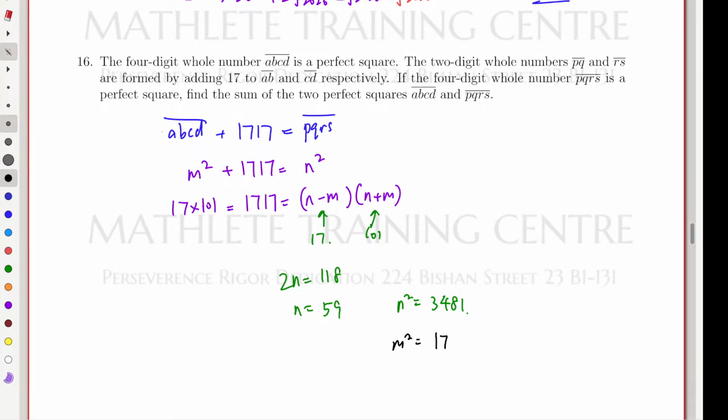So that's going to be 1764. This is 42 squared, so this is correct. So therefore, once you have these two values here, their sum will be equals to 5245. That is the final answer.